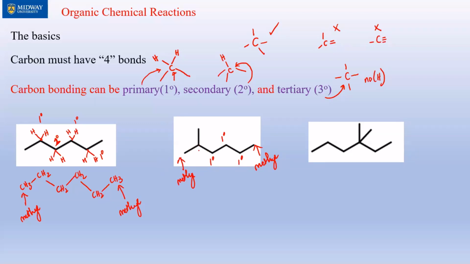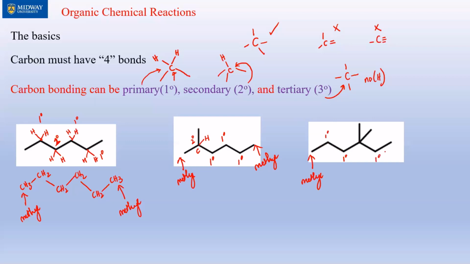Now this, however, this carbon contains 1, 2, 3 bonds, which means the 4th bond by default is hydrogen. So this is a secondary carbon. Let's keep going. So this would be methyl. Again, this is primary because there's a bend, and the bend doesn't have any substituent.